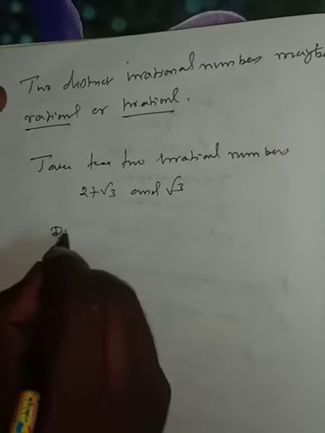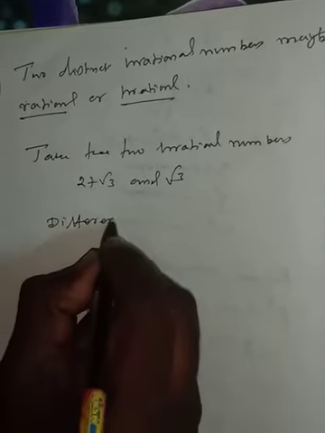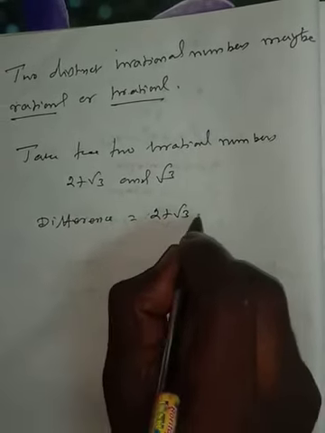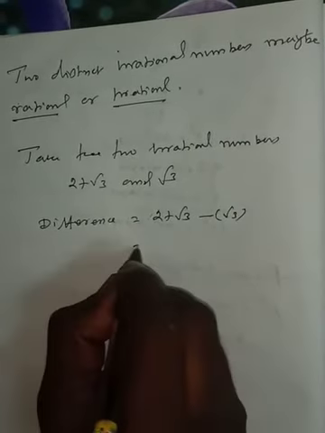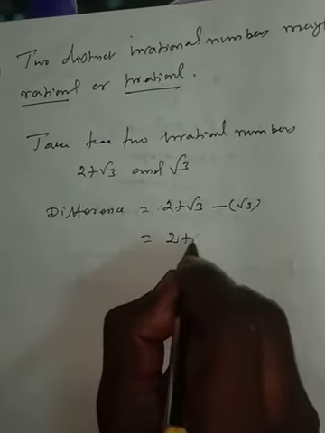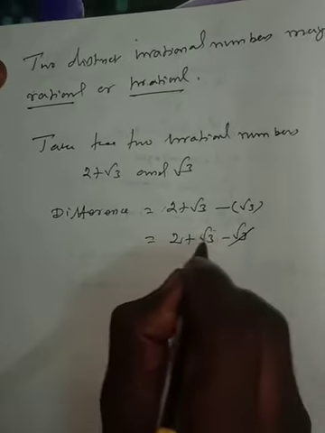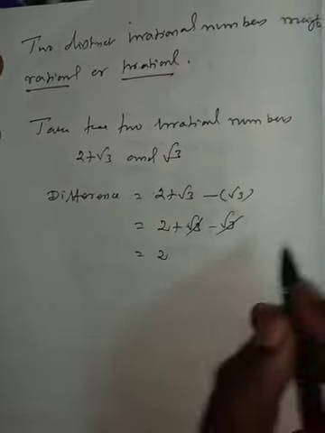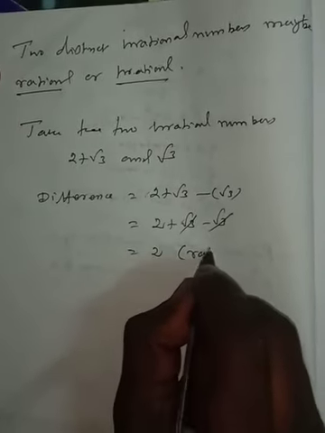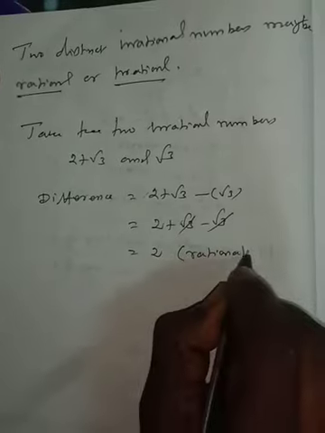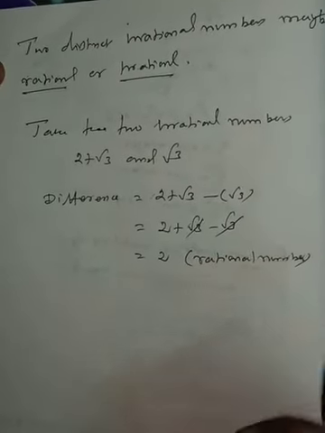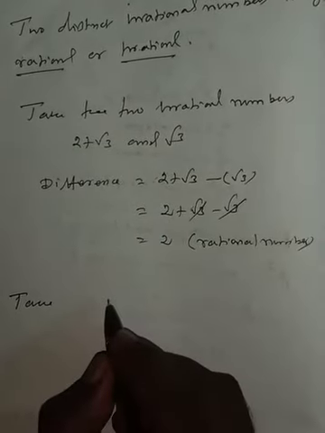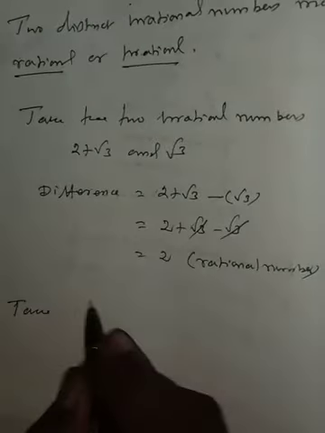Difference is equal to 2 plus root 3 minus root 3. Cancelling these, we get 2. 2 is a rational number. Take two irrational numbers.